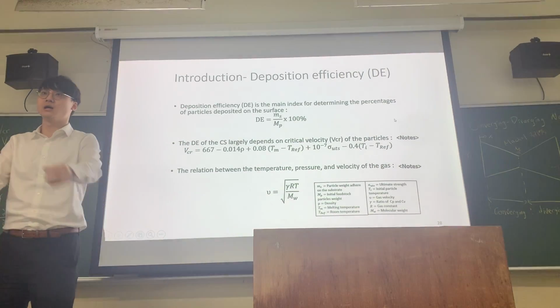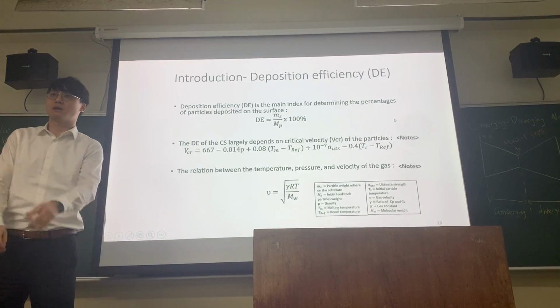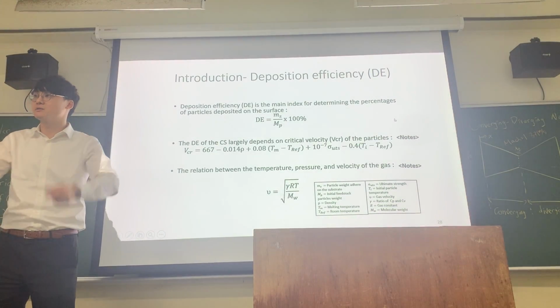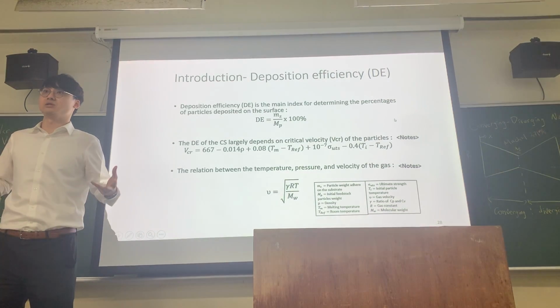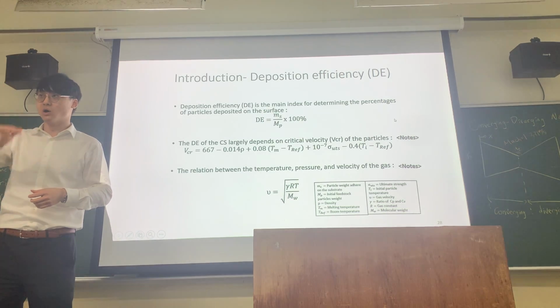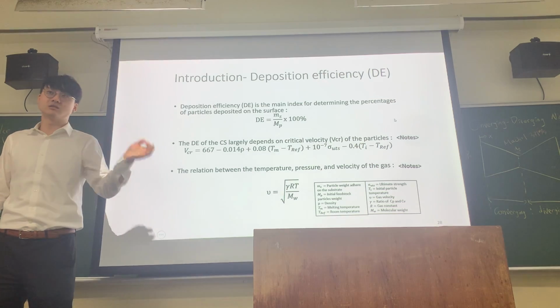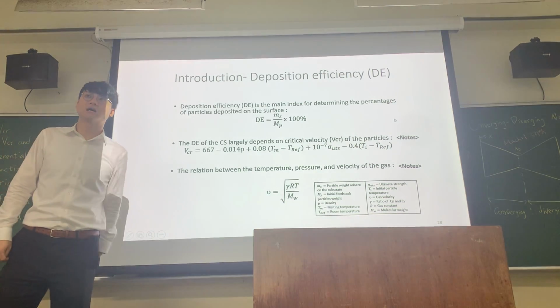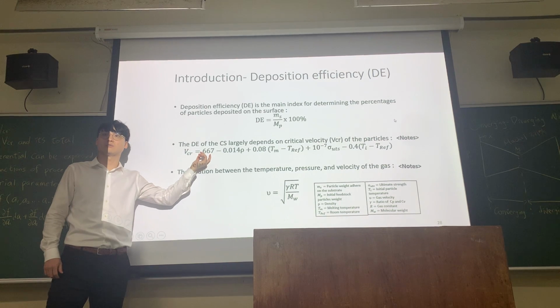Say if you're a cold spray vendor and I ask you, hey, I have tin, 锡, okay, tin has a relatively low melting temperature and a very low ultimate tensile strength, right? So you can say that the velocity for allowing the tin to deposit onto the substrate is relatively lower than 667 meters per second, right?